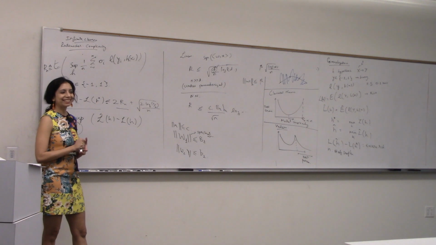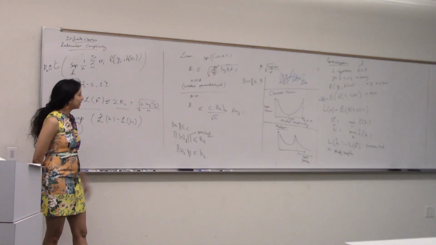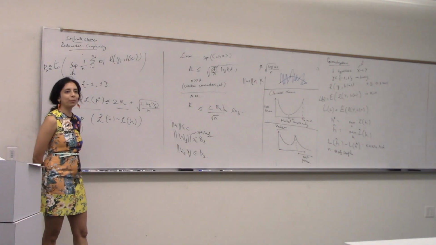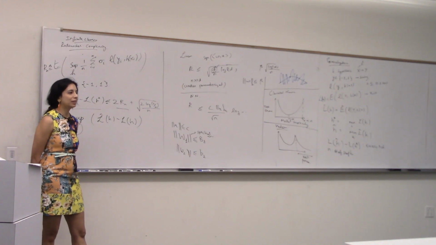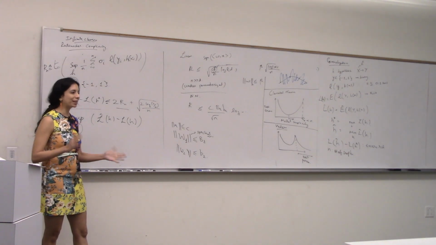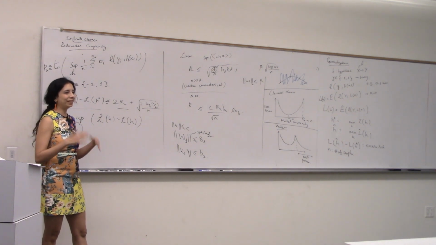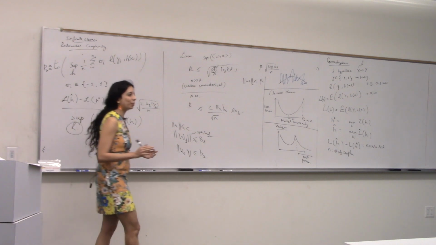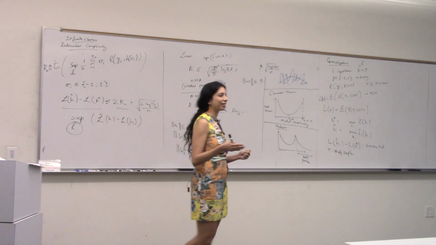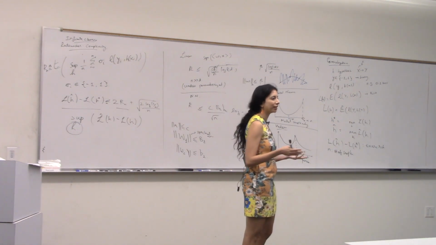The argument is most of the modern neural networks operate in the over-parameterized regime. Again, it depends on how you measure complexity. I wouldn't completely buy the argument in every case, but the idea is we are certainly operating in higher parameterizations than what we've seen with classical machine learning.